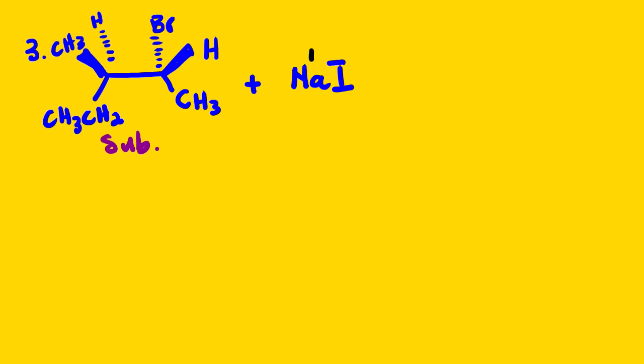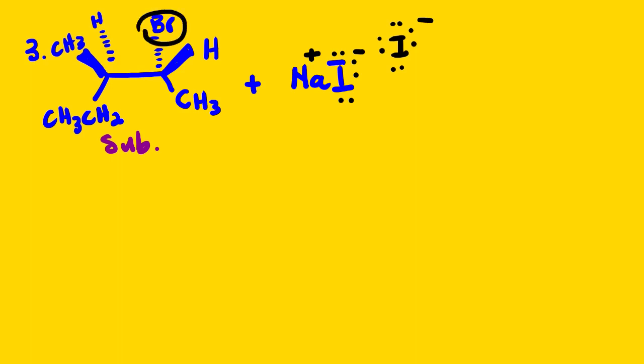So here we are going to have sodium with a positive charge, and we are going to have our iodine with a negative charge. You should know that iodine will have lone pairs. So if you take it out from sodium, we are going to have iodine like this, which will be our nucleophile.